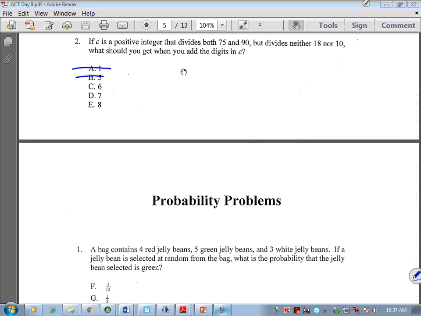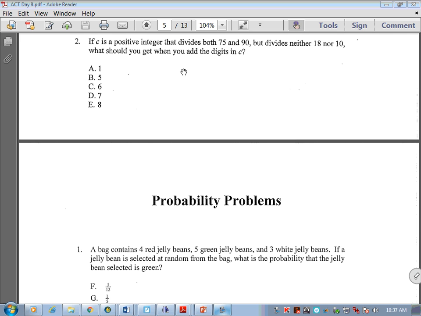Let's see, will 6, trying to make sure I get the right thing here, will 6 go into 75 and 90? Actually, hold on. I think I'm going about this the wrong way. We're looking for a number that will go into 75 and 90, but not 18 or 10. So it's not necessarily one of these numbers, okay? To kind of backtrack my statement.